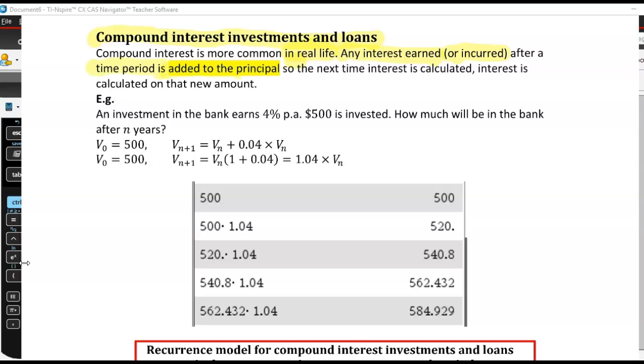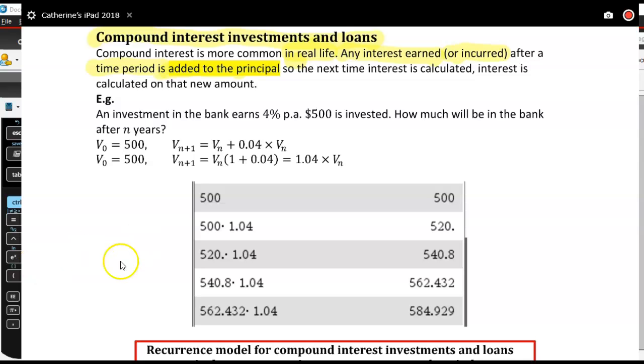With simple interest, we only owed the interest that was charged from the principal at the start. But now we earn that interest, or the interest is incurred, and then it's added to the principal, so that the next time interest is calculated, it's on that new amount.